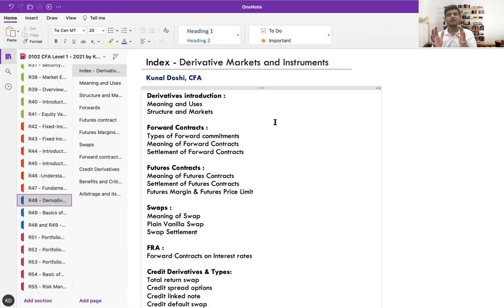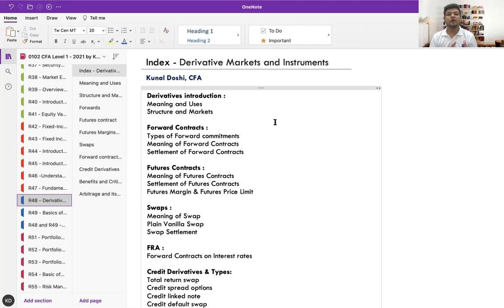So everything about forwards, futures, and swaps, I've kept separate. And for options, I've created an altogether new reading, which is a combination of 48 and 49, whatever the reading number is. That's an extra reading, which will cover all parts about options from the two readings.